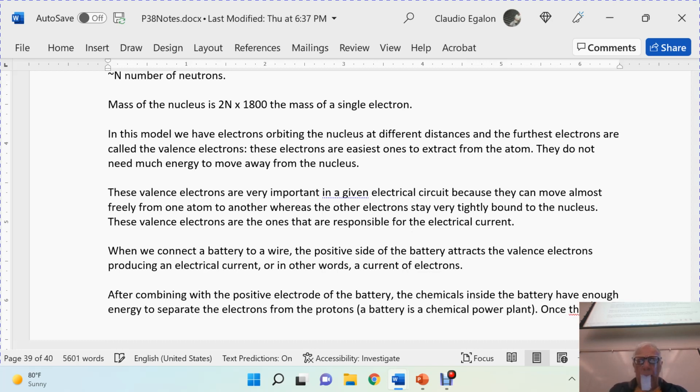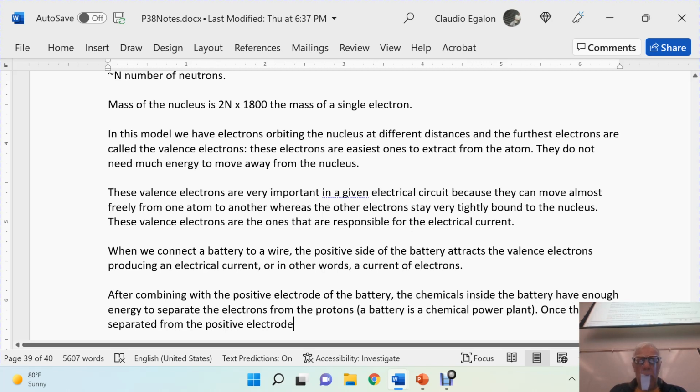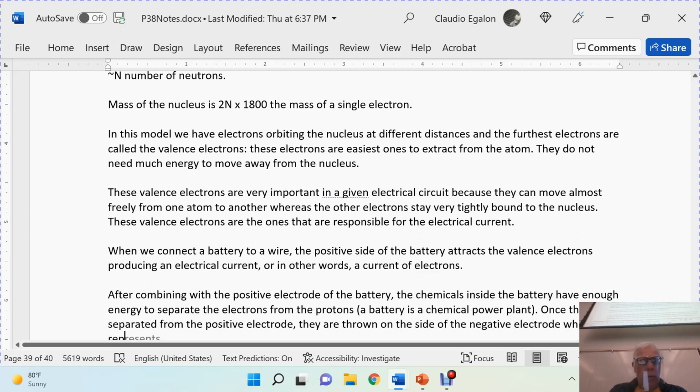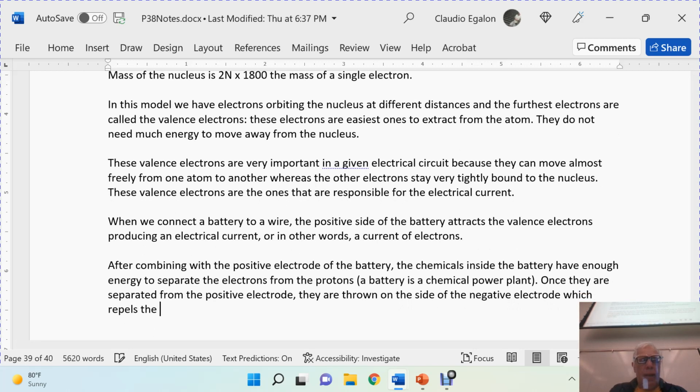Once they are separated from the positive electrode, they are thrown on the side of the negative electrode, which repels the valence electrons back to the circuit.